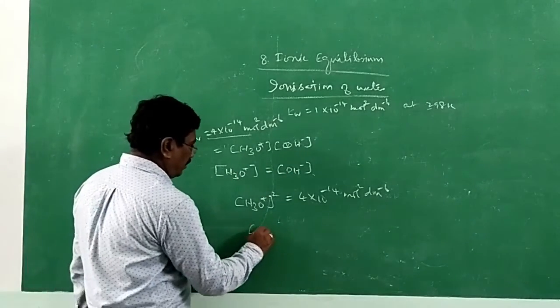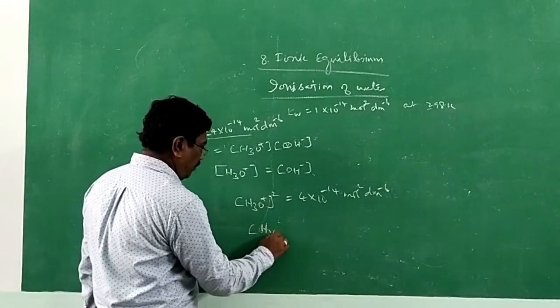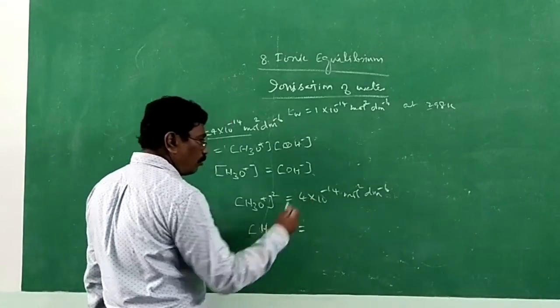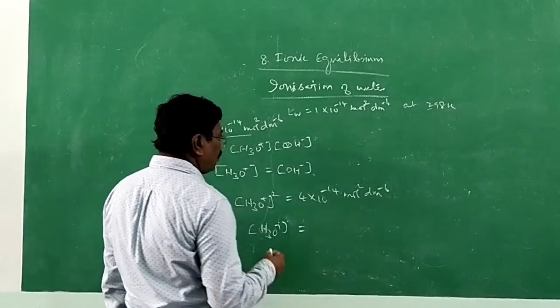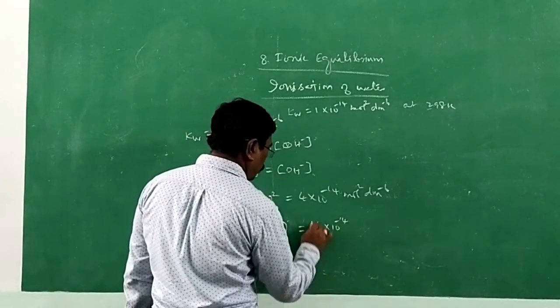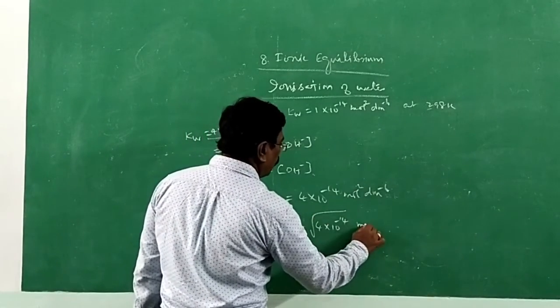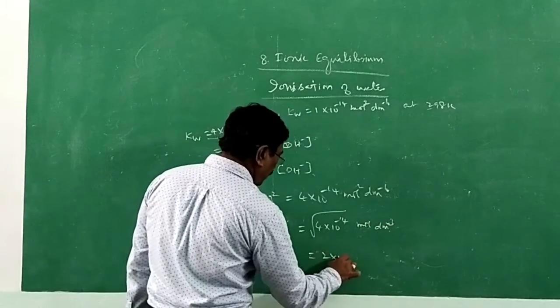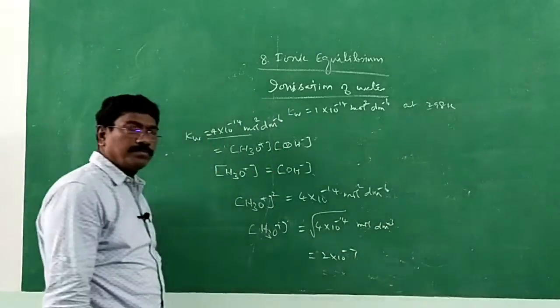Therefore, hydronium ion concentration is equal to the root of 4 into 10 power minus 14. If I take the root, the unit is mole per decimeter cube, which is equal to 2 into 10 power minus 7, slightly higher.